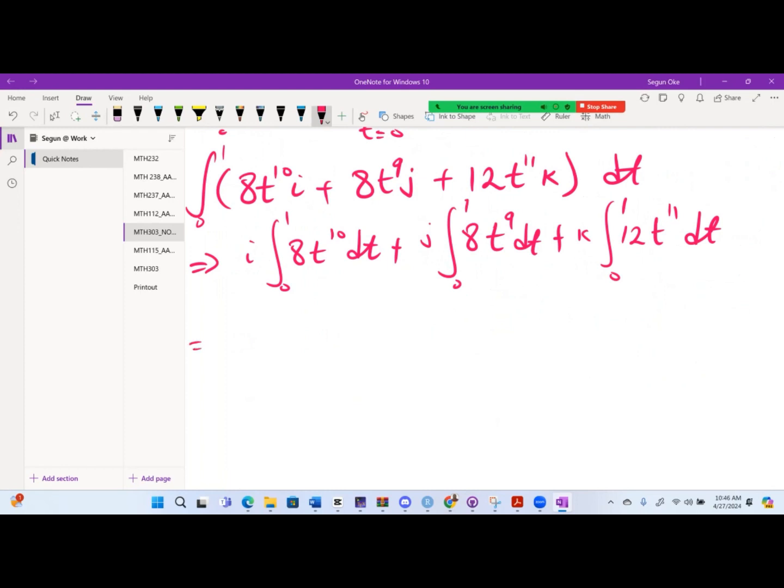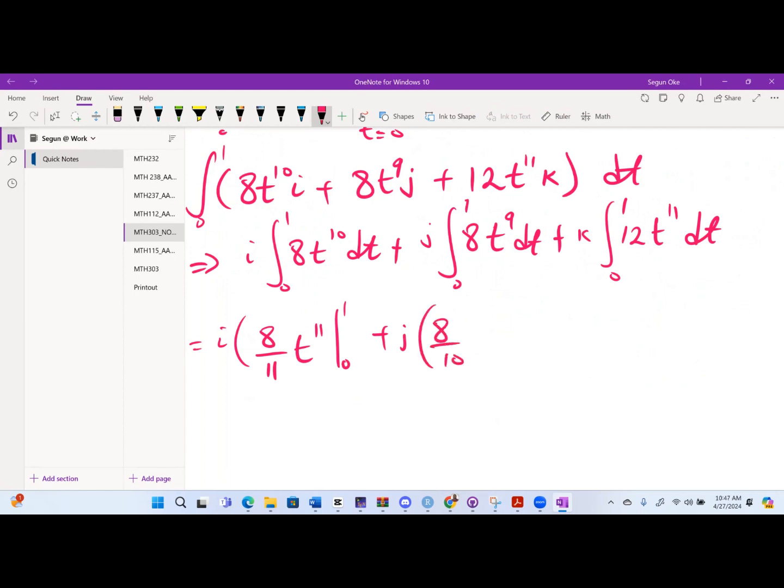I will have i, let me integrate t, 8/11 t raised to power 11, from 0 to 1, plus j will be 8/10 t raised to power 10, from 0 to 1, plus k, 12/12 t raised to power 12, from 0 to 1.